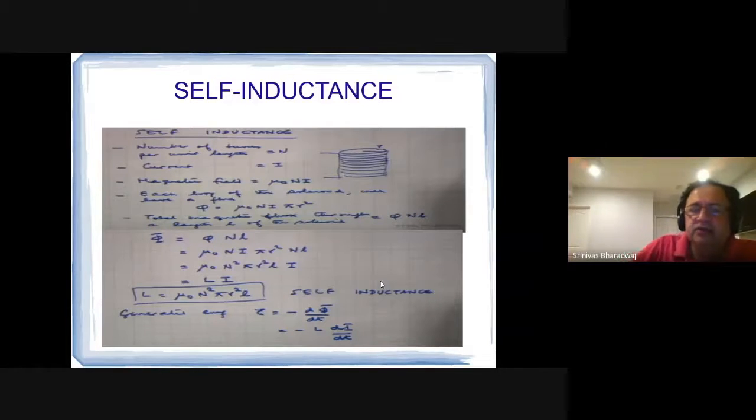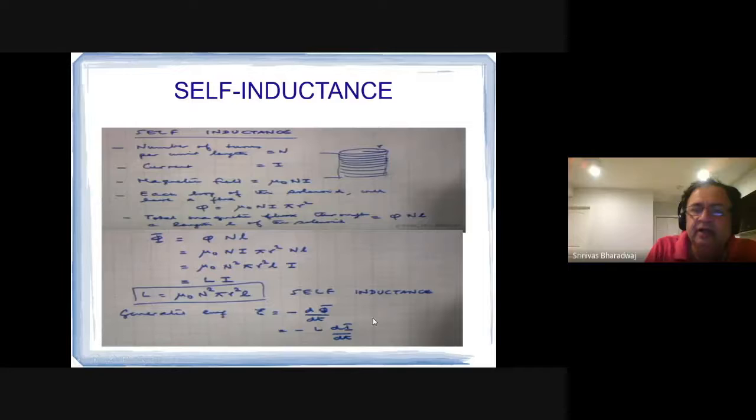So the EMF is negative d phi by dt, and phi is proportional to the incoming current, therefore phi equals L i. So the induced EMF will be negative L times di by dt. This is the most important formula.